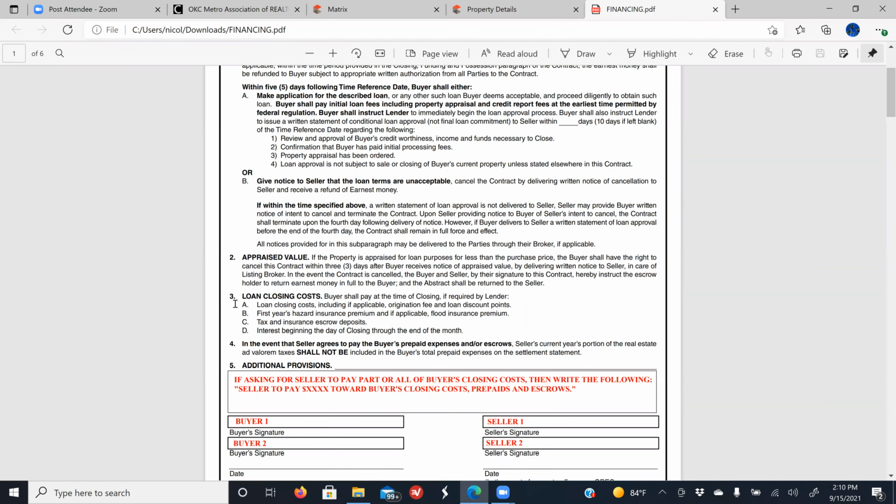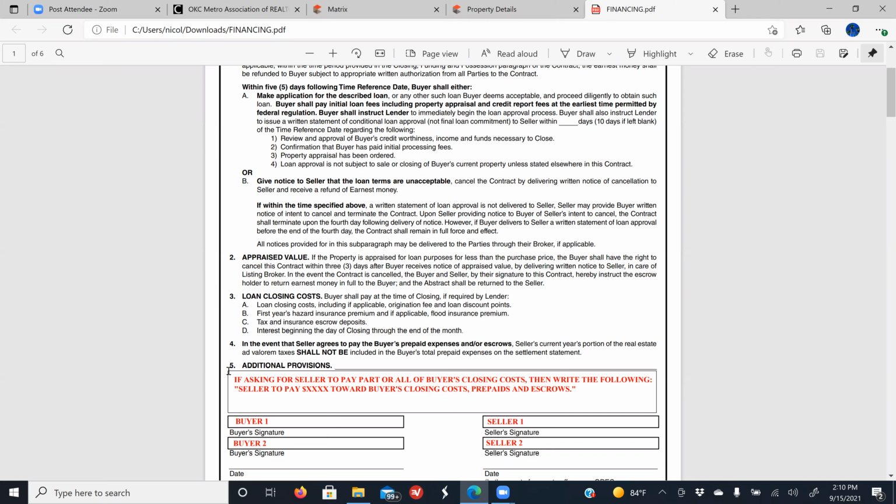In the closing cost section, it simply states that the buyer is responsible for paying their loan costs, their origination fee, discount points, hazard insurance, flood insurance, their tax deposits and insurance deposits, and interest that has occurred.